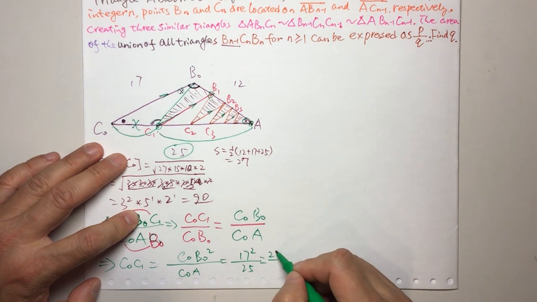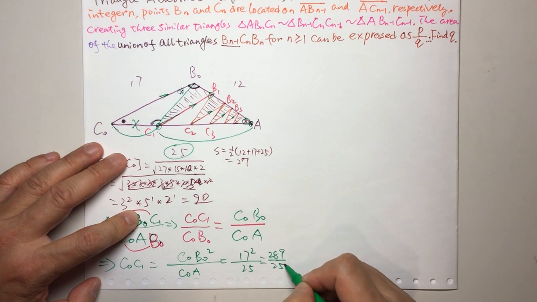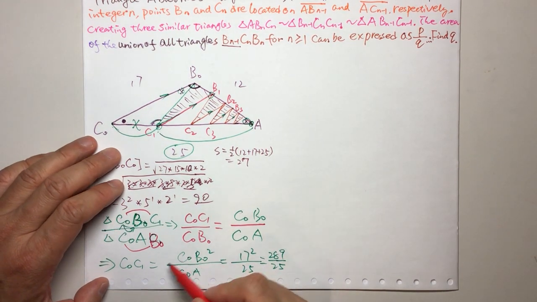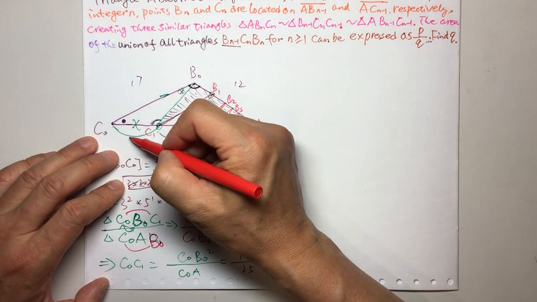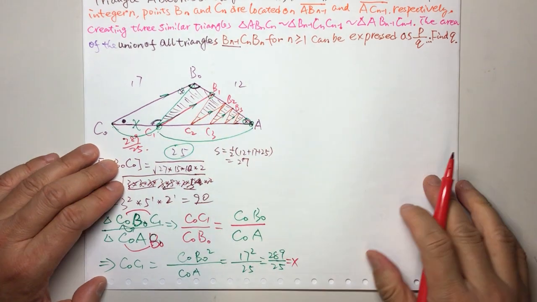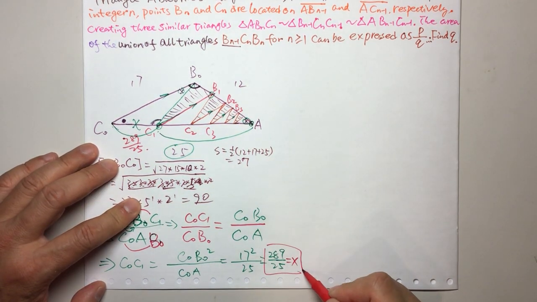So we got 289 over 25. So we find x. That's x, 289 over 25.